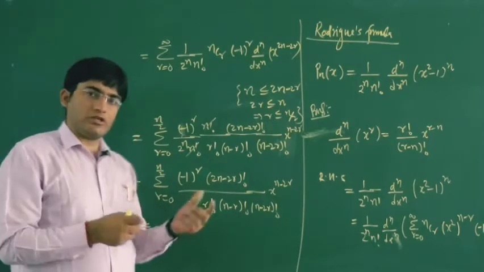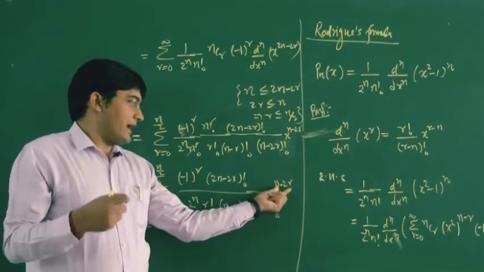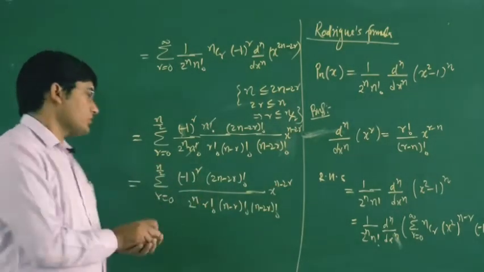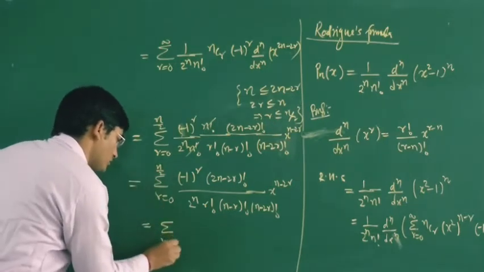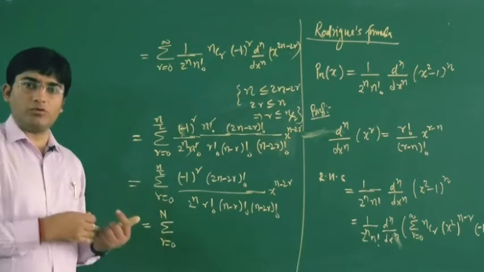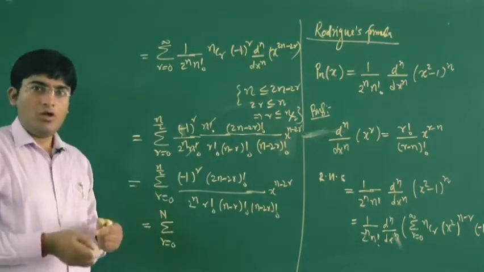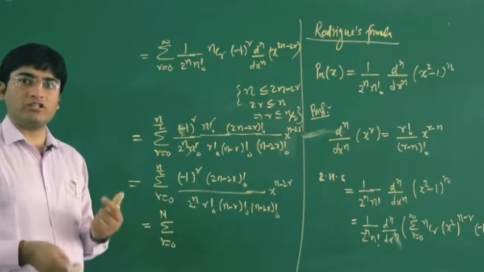And if the last coefficient is a1, then this n minus 2r will be 1. So in that case, our r will be from 0 to (n minus 1) by 2. So we can write this one as r equal to 0 to capital N, where my capital N will be either n by 2 or (n minus 1) by 2, depending on whether this coefficient is even or odd.